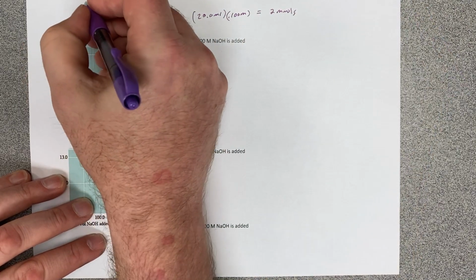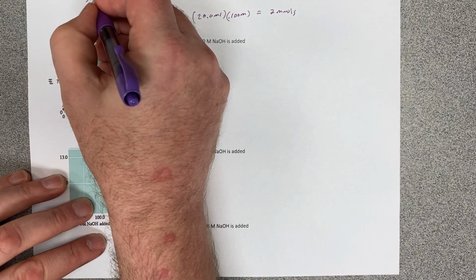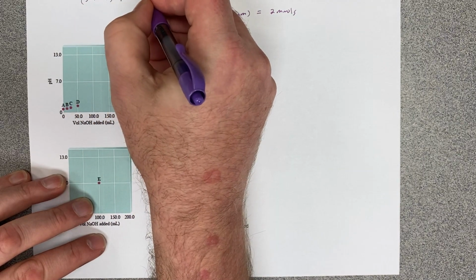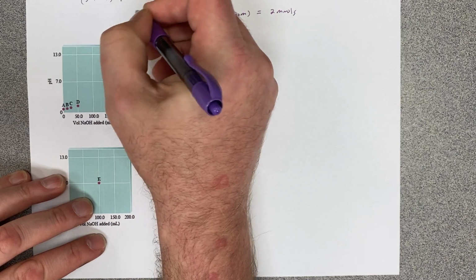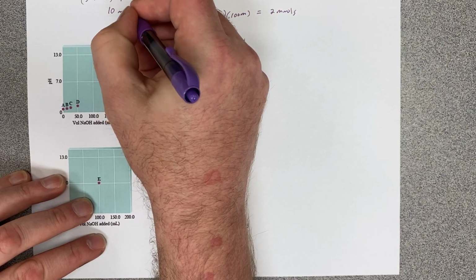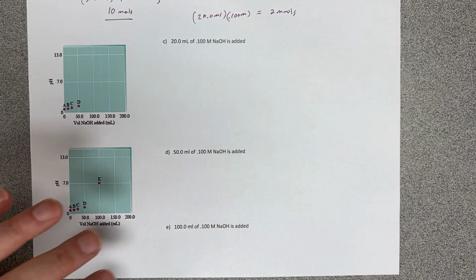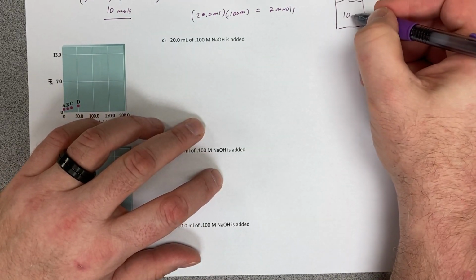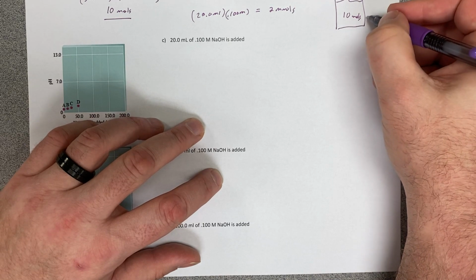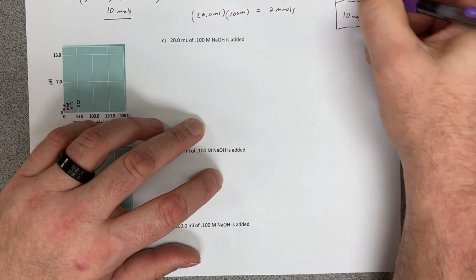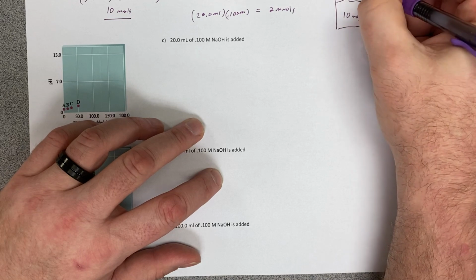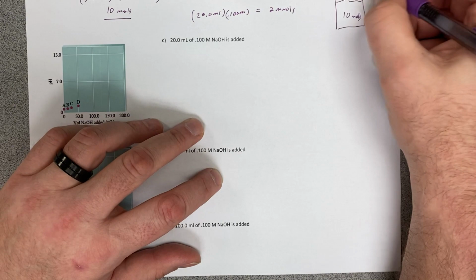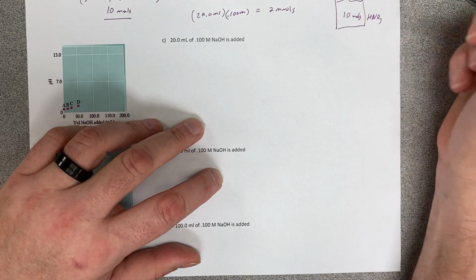And in the back of our heads, we need to realize that we started off with 50 milliliters of 0.200 molar HNO3, and if we multiply that out, that is 10 millimoles. So for every one of these problems, our starting point in our little container down below is 10 millimoles of the HNO3, and we're dropping into it via the pipette or via the burette different quantities. So in this case, we're dropping in 2 millimoles of this.